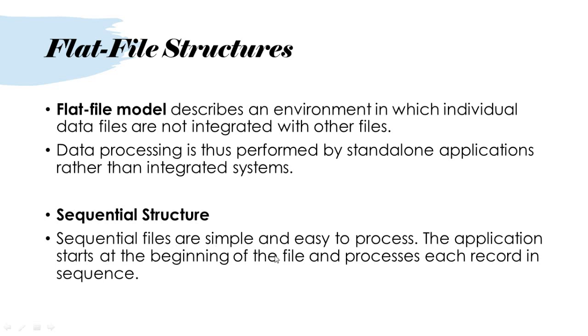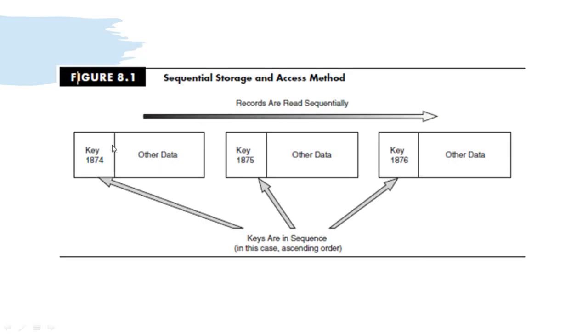The application starts at the beginning of the file and processes its records in sequence. We can see that the keys here are in sequence: 1874, and then continue to 5 and then to 6. The records are read sequentially. It is a good example.